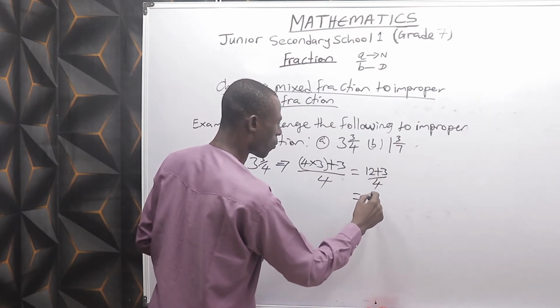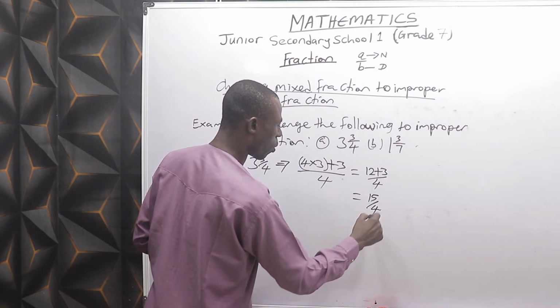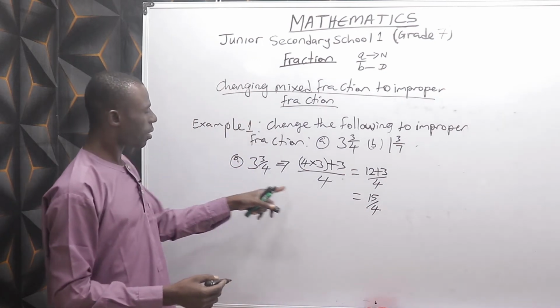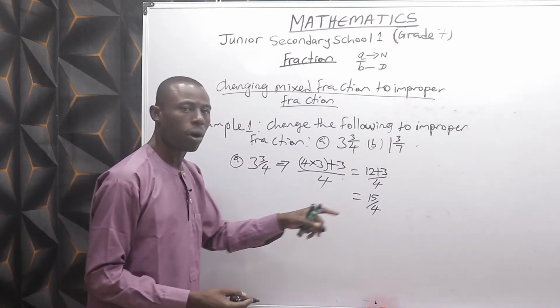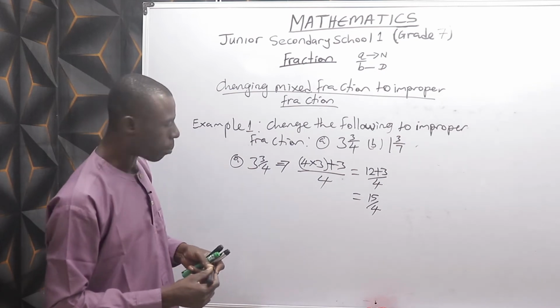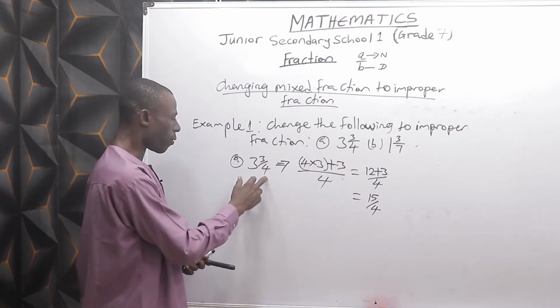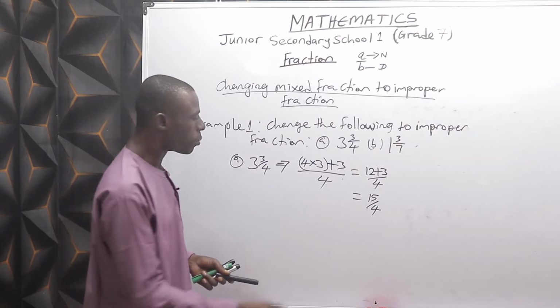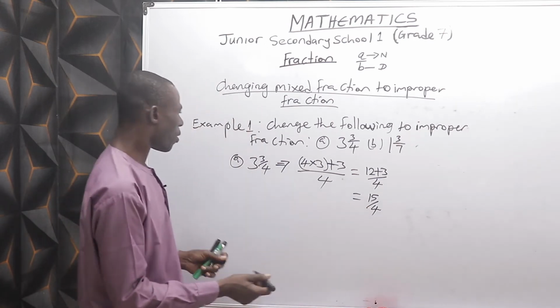And the answer will be 15 over 4. So 3 whole number 3 over 4 in improper form is 15 over 4.